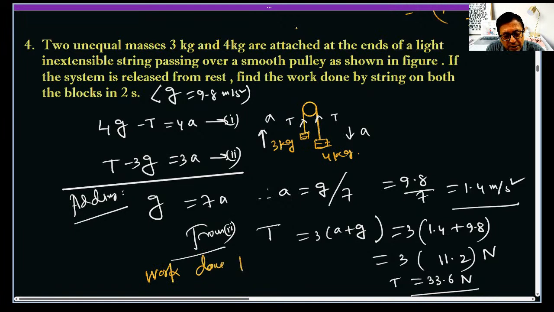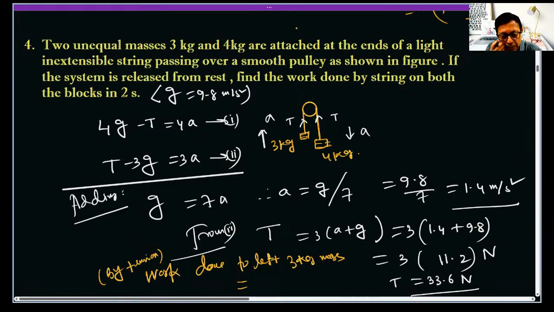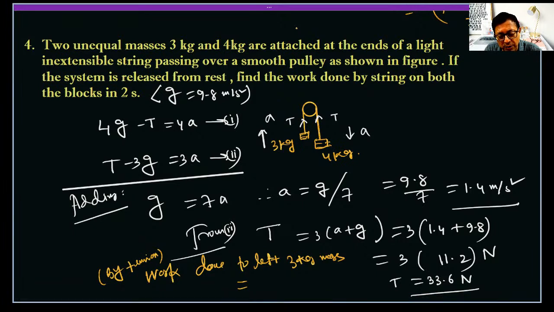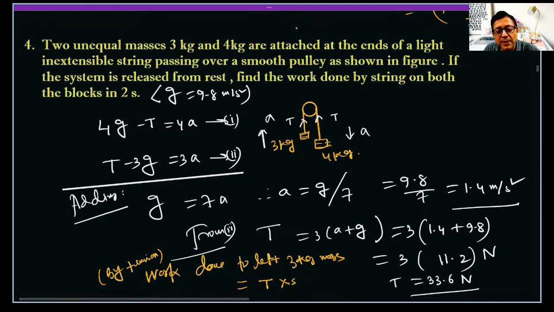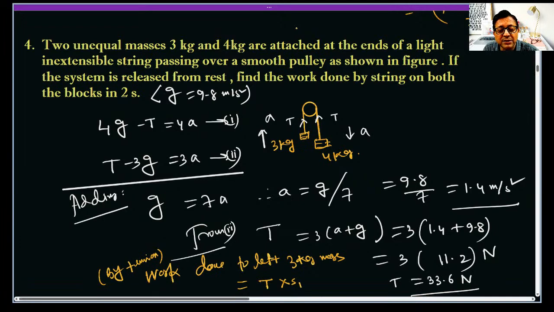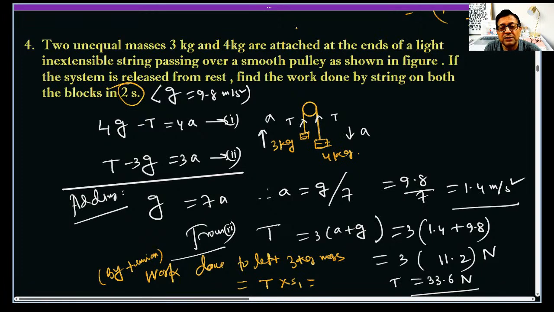Work done by tension to lift the 3 kg mass upward will be T into displacement, isn't it? Displacement we don't know, but the time through which it is in motion we know.